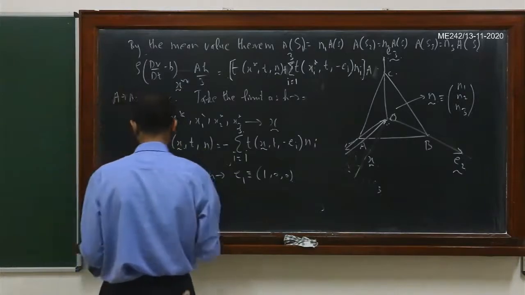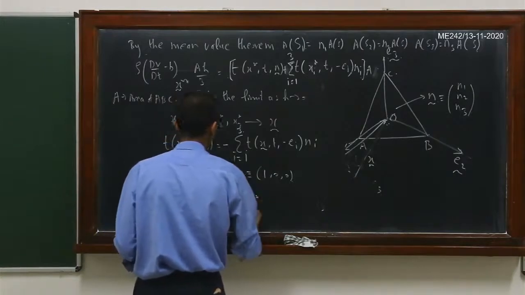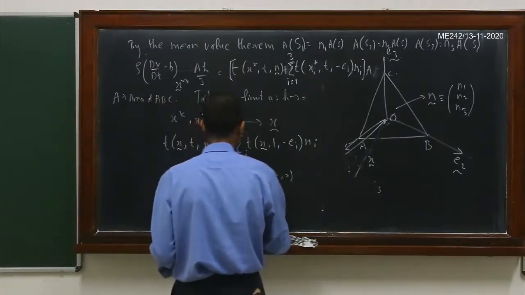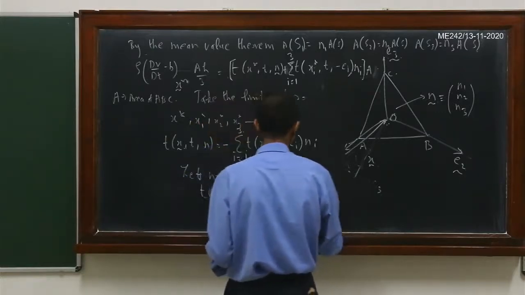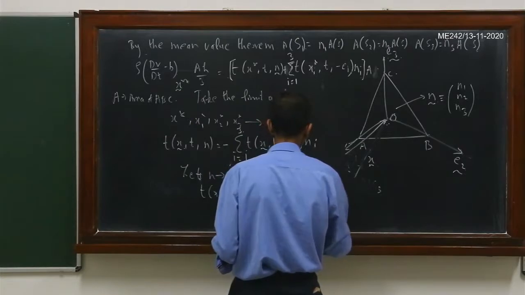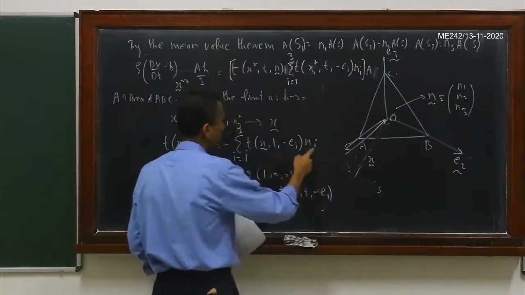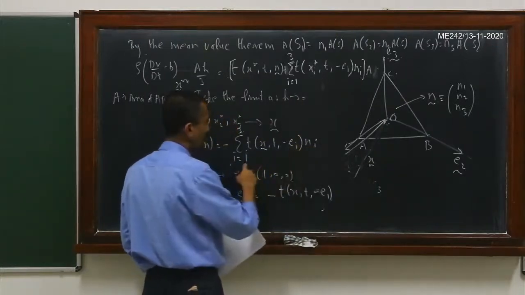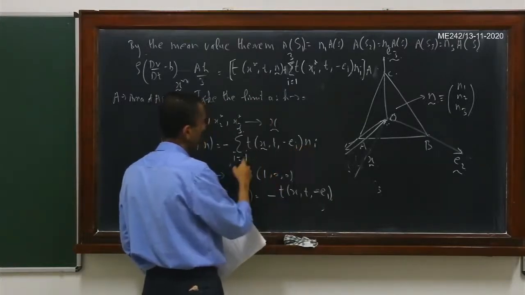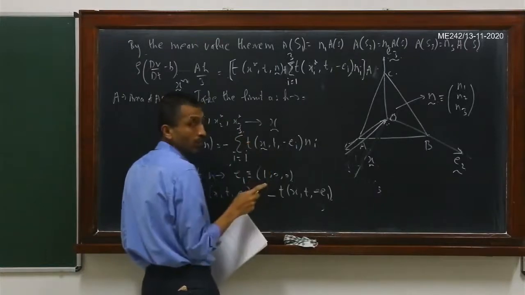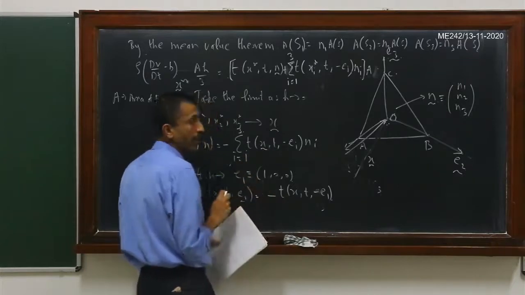In this particular case, I will get t of x, t E1 is equal to minus of t of x, t minus E1. Now only the first component will play a role because that is 1 here, and n2 is 0 and n3 is 0. So the i equal to 2 and 3 terms do not contribute. Only the i equal to 1 term contributes, and so you will get this particular result here.